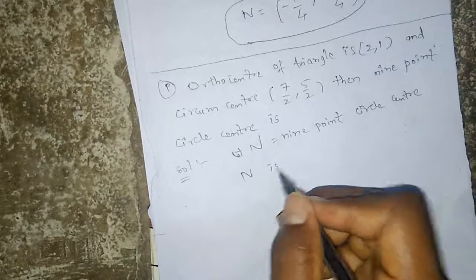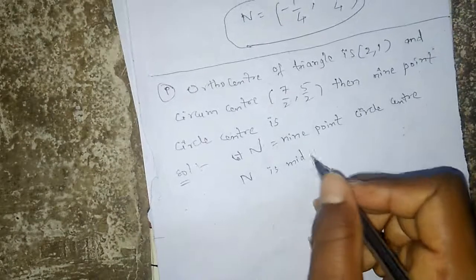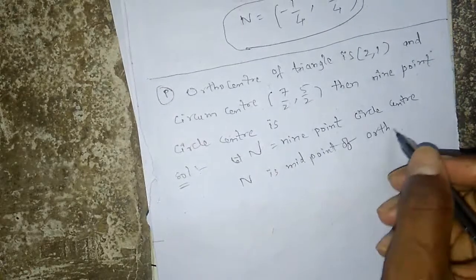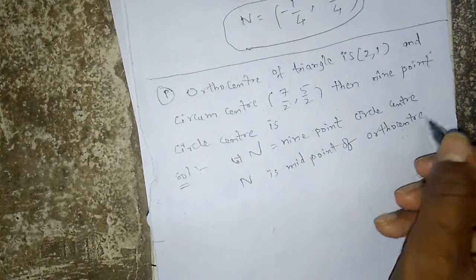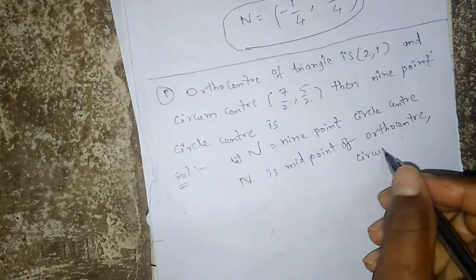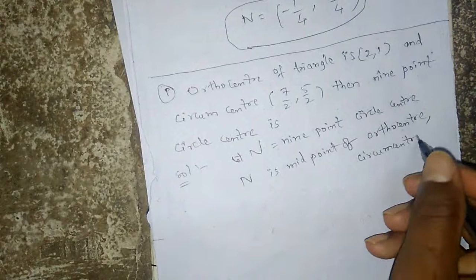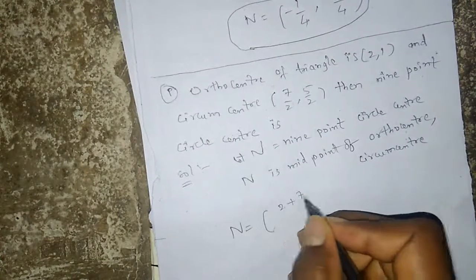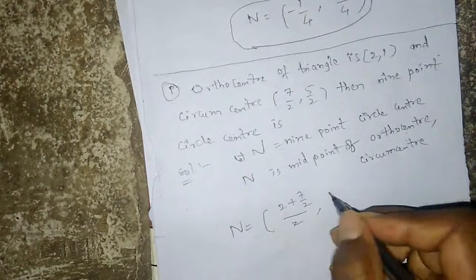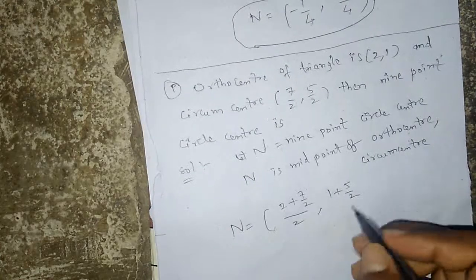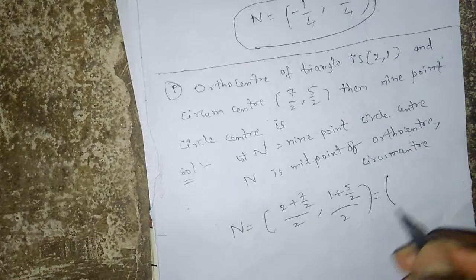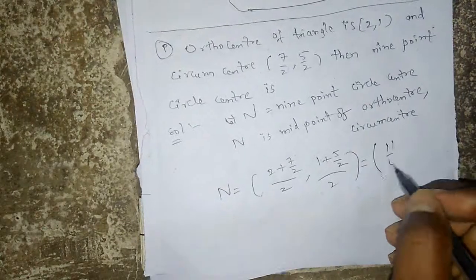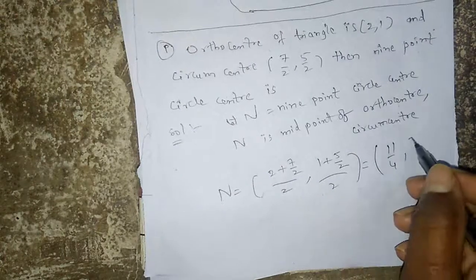Here N is the midpoint of orthocenter and circumcenter. Implies coordinates of N are 2 plus 7 by 2, by 2, 1 plus 5 by 2, by 2. That is equal to 11 by 4, 7 by 4.